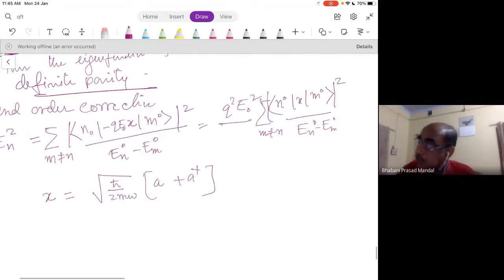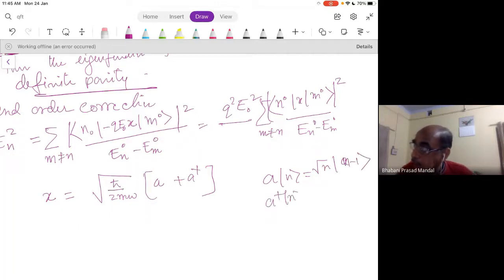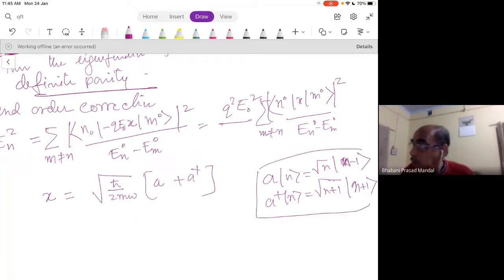So this a and a dagger I have to write. Let us substitute, because I know a acting on n is root n times n minus 1, and a dagger acting on n is root n plus 1 times n plus 1. This is how to calculate without going to the integration calculation. So let us calculate n0 x m0.